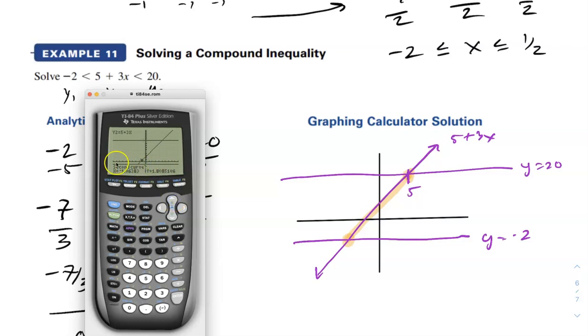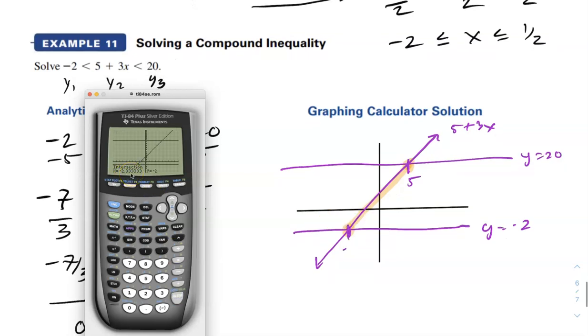So it goes down to the bottom one, and then I'll press enter. Now it's gonna find it between these two guys. There we go. And I get -2.3. Also known as -7/3. So that's where your x is. X is between 5 and -7/3. So there we go.